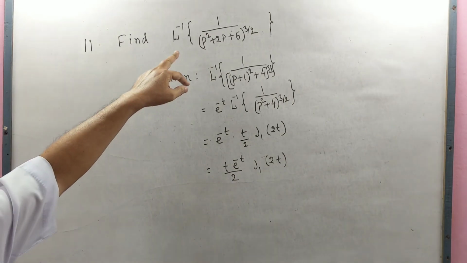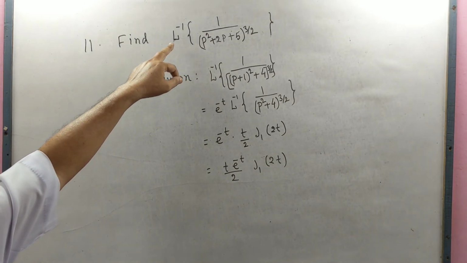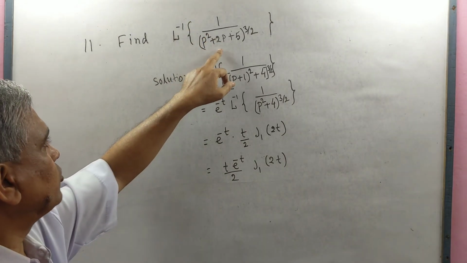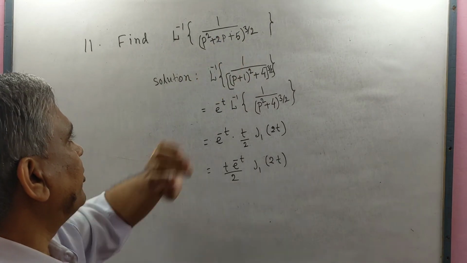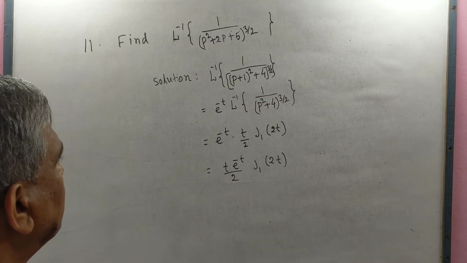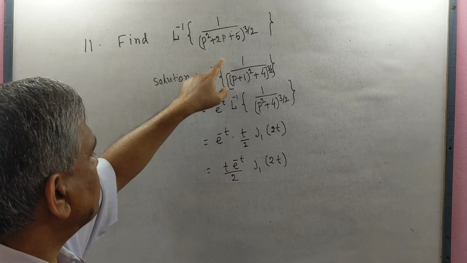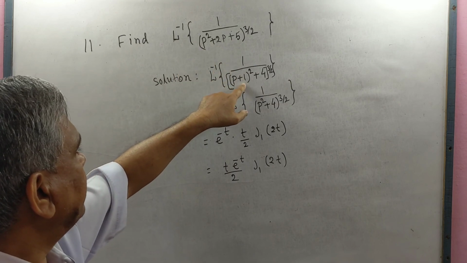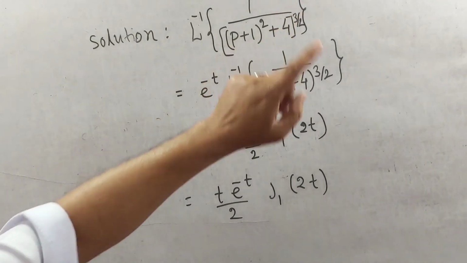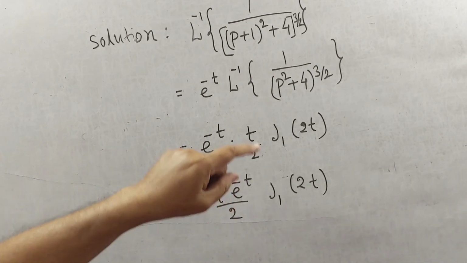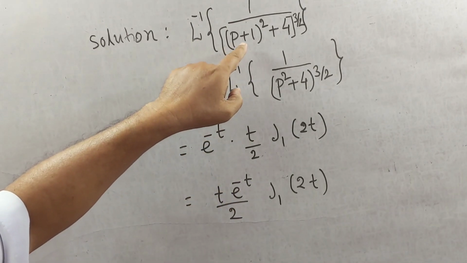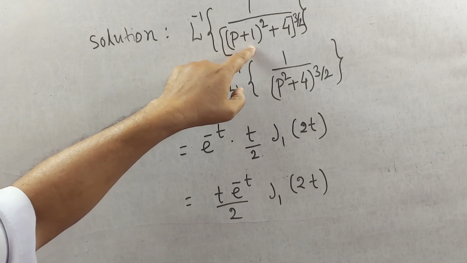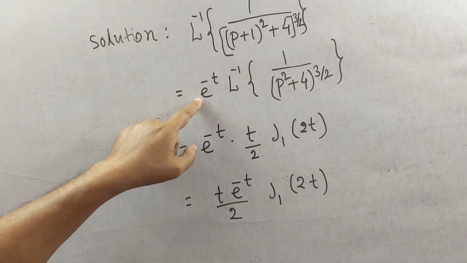Now we find the next problem: L inverse of 1 by (p square plus 2p plus 5) to the power 3 by 2. We make this (p plus 1) whole square, then 4 remains, to the power 3 by 2. From the first shifting theorem of inverse Laplace transformation, we get e to the power minus t outside.